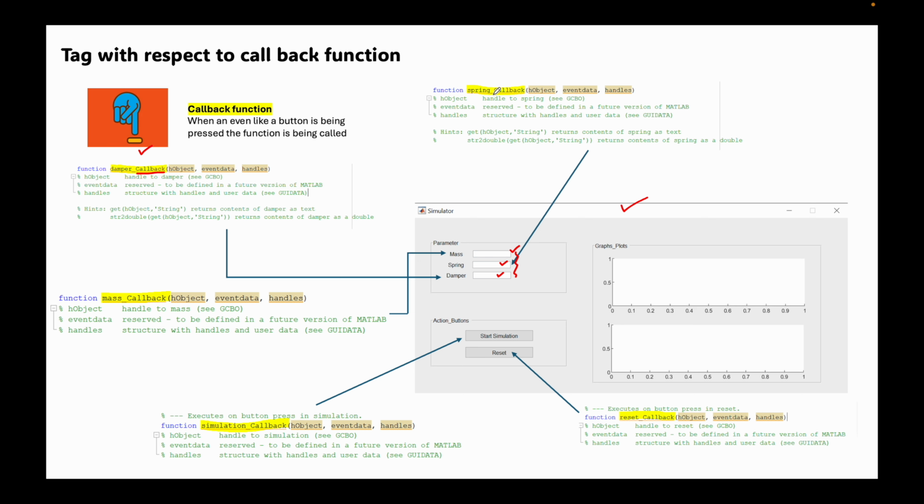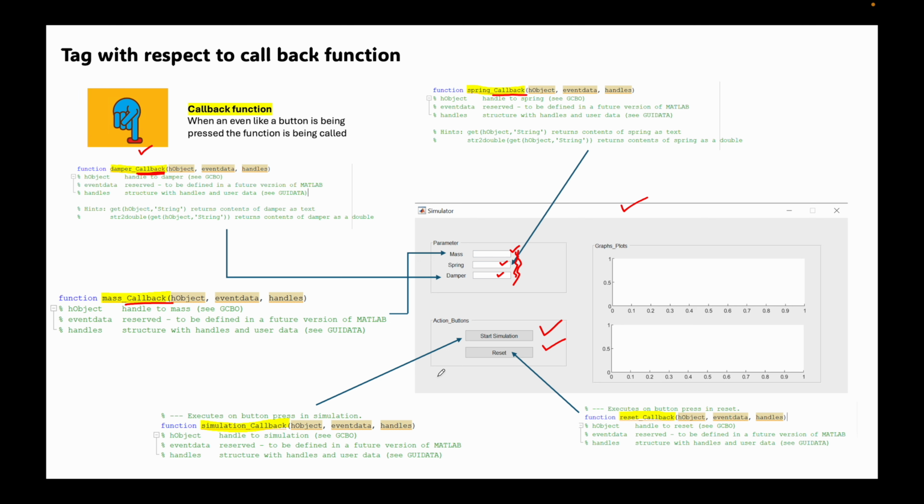So for spring there will be a callback, for damper there will be a callback, and for mass there will be a callback. For everything there is a callback, and whatever needs to be executed, you can design in these callbacks. We usually program the push buttons to perform some action.